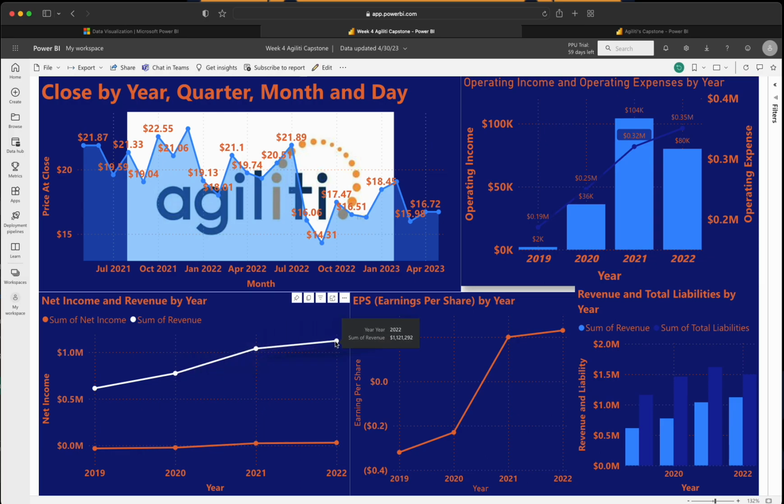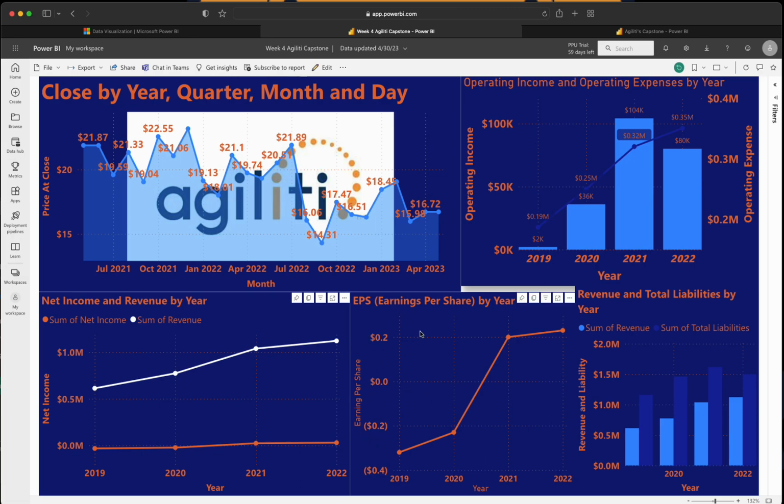So that's something that you really want to see. These two should be going up together, which is a good thing. It would be a bad thing if it was going in the opposite direction.